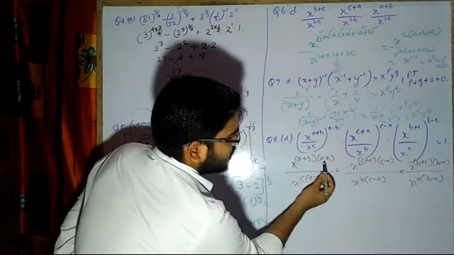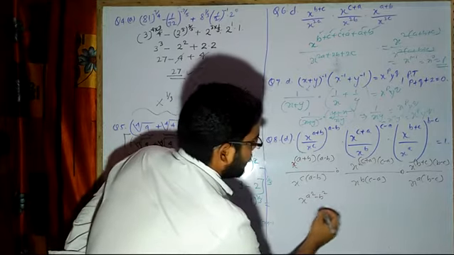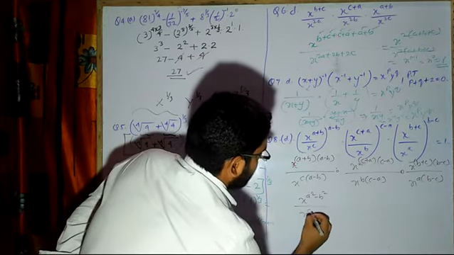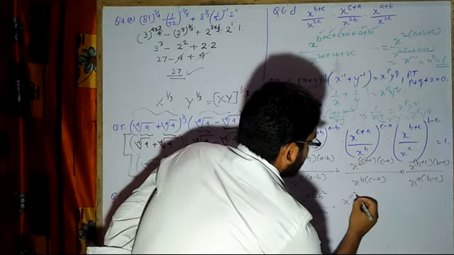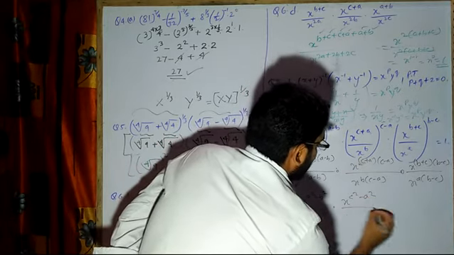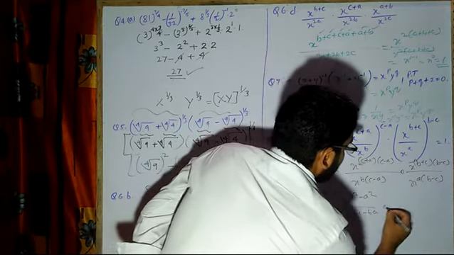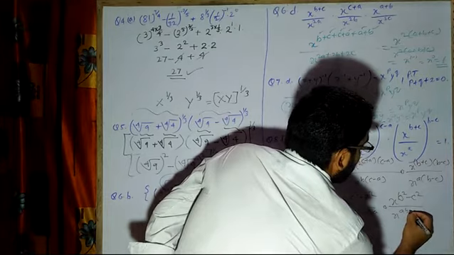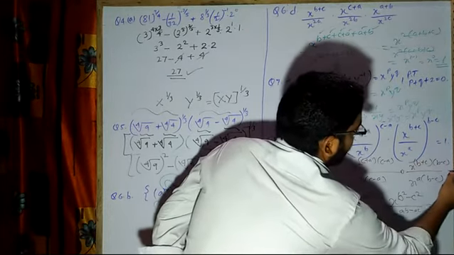Now if you multiply a plus b into a minus b, you will get a square minus b square, divided by x raised power ca minus cb. Then x raised power c square minus a square by x raised power bc minus ba. This will be multiplied with x raised power b square minus c square by x raised power ab minus ac. This is equal to 1, as you all can see.